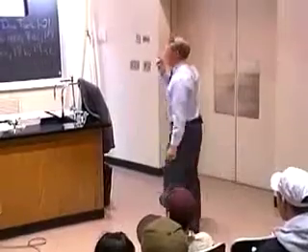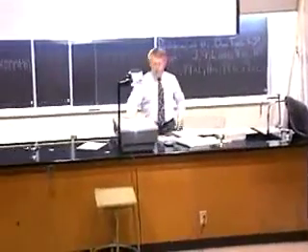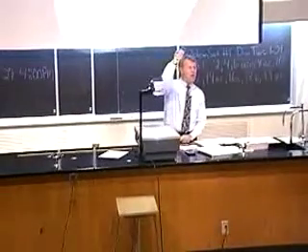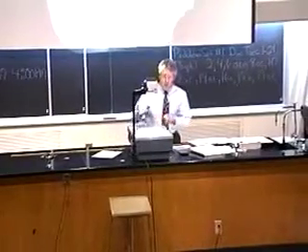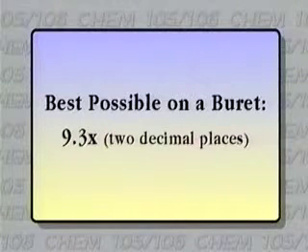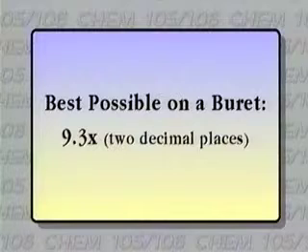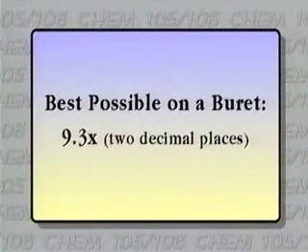Now that's what we mean by limitation of the instrument. No matter how good the chemist is, reading this burette, the best they can record volume-wise is 9.3 something. The last number is the number that they have to interpret, and this is where we have some variability.